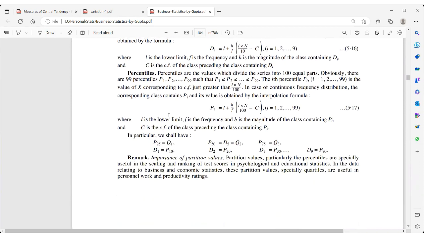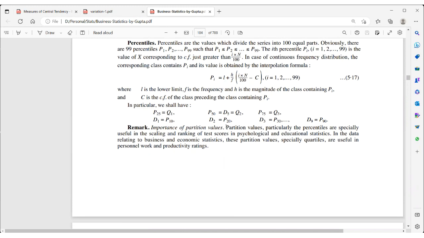Similarly, percentile: we divide the data into 100 equal parts. P50 is the median. In a similar way, the formula is Pi = L + (h/f)(iN/100 - C).